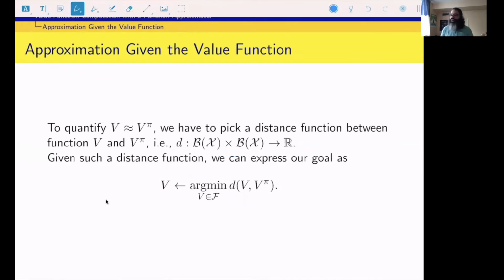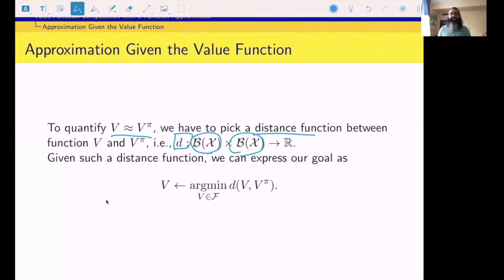So we have to quantify what it means for V to be close to V pi. I use the approximate symbol, but we need to make it something that is easier to compute. So we define a distance function between functions, d, which takes, say, two functions and returns a real valued number.